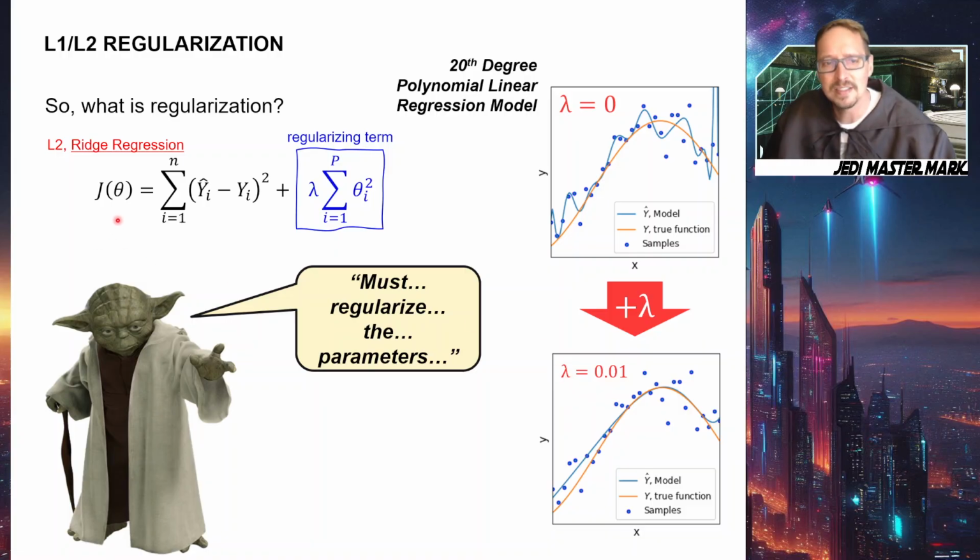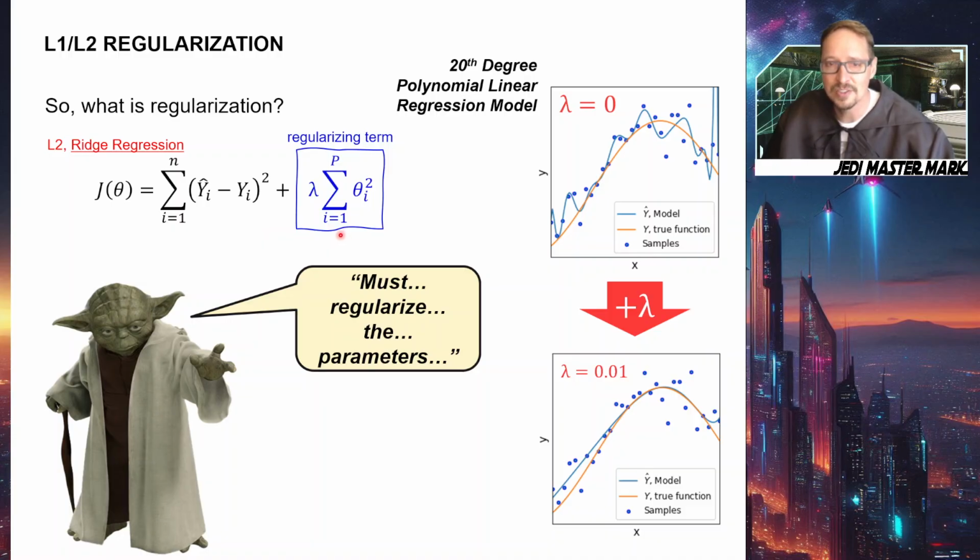What it means is, if you remember, J is our cost function. So this first term right here for a regression model is your mean squared error. This is the average of our L2 loss functions, but we've added this second term.